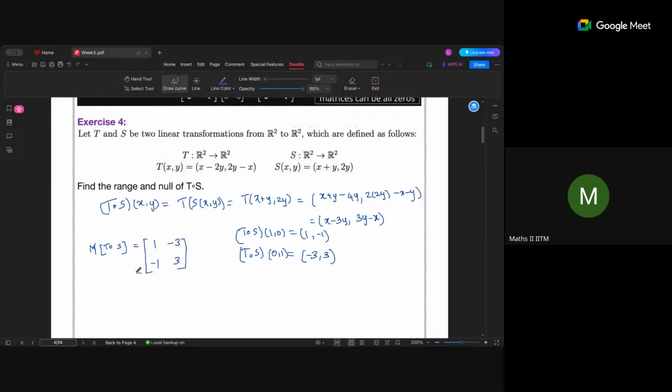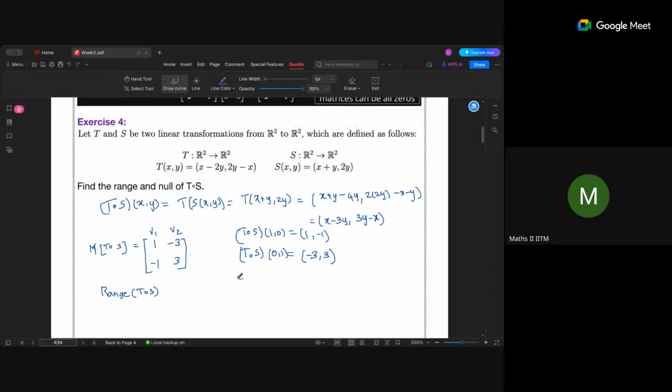Now can you quickly tell me what is the range of T composition S? So let's say this is the first column. I'm calling it V1 and this is V2.